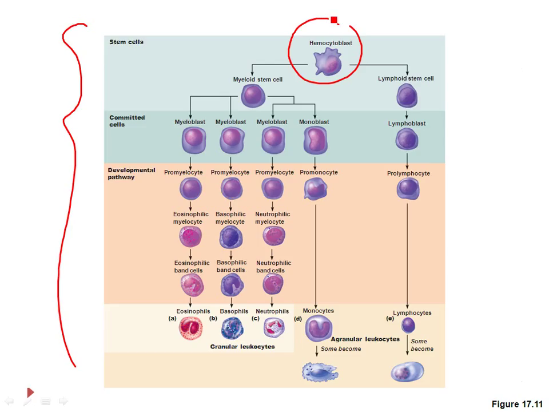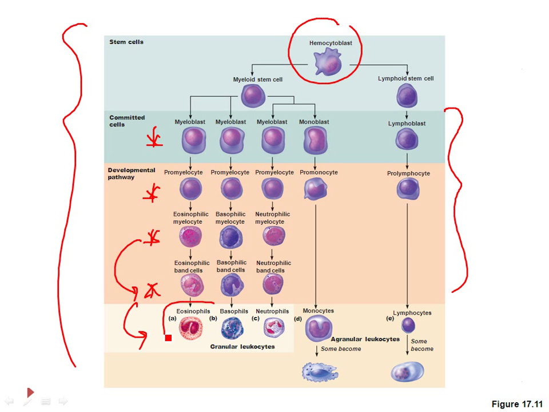Depending on your needs, as these hemocytoblasts divide by mitosis and keep dividing, the descendants of those hemocytoblasts will go through processes of specialization where they change in their shape and in the things that they're making and producing. Their appearance will change, and they go through different stages over time.